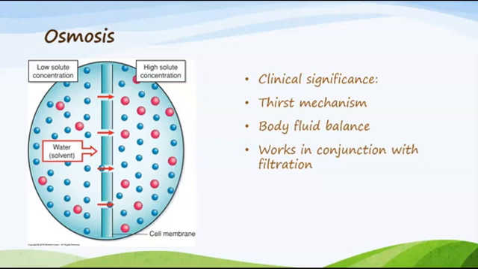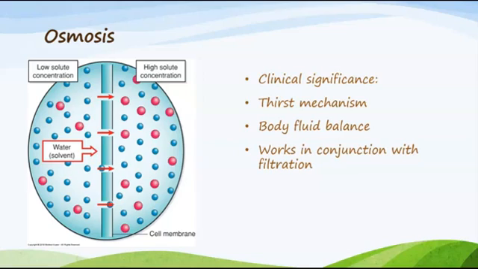So if a person starts to lose a lot of fluid from the body, let's say your patient has excessive sweating going on and they're just losing a lot of fluid. Well, what happens is that the overall volume outside of the cells decreases. But because we still have a lot of solutes present, the concentration changes, and we're actually going to see that they have an increased concentration of solute.